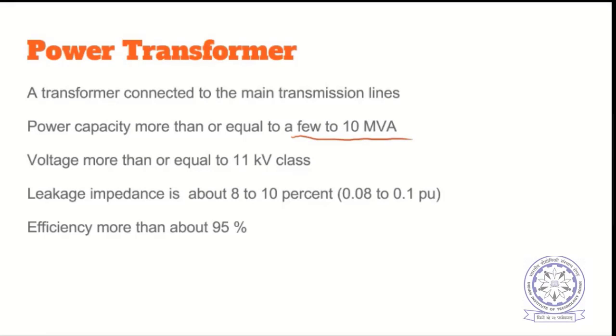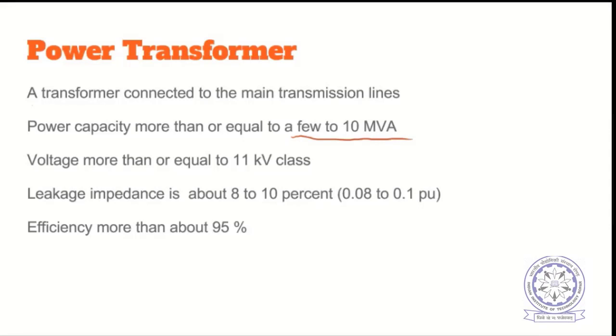So what is a power transformer? This definition is all right, connected to the main transmission lines is all right, but defining the capacity specifically, we cannot say that if it is more than 2 megavolt amperes, it is a power transformer. It is in the order of megavolt amperes, we can say that it is a power transformer.